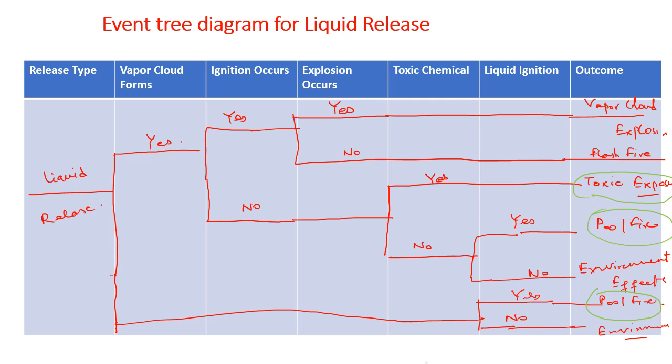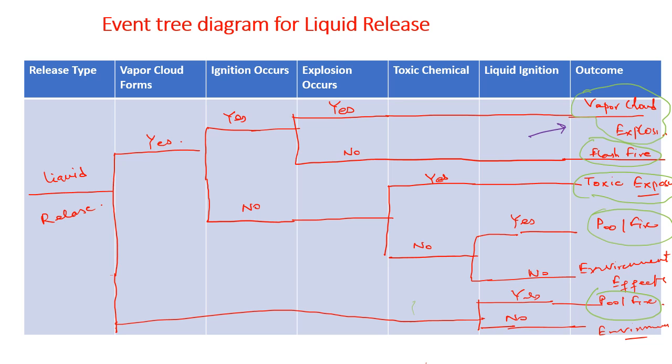Liquid release can cause flash fire if it releases with a vapor cloud but there is no explosion. But if it creates a vapor cloud and then explosion occurs, it is vapor cloud explosion. So the maximum impact you can see in this case is in the form of the vapor cloud explosion.